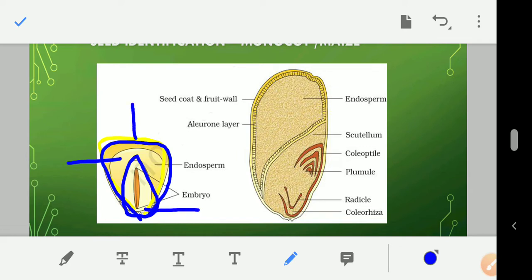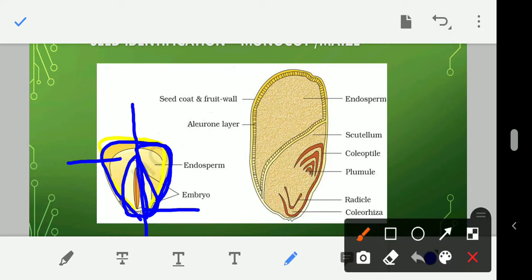When we have a longitudinal section, then we can examine the correct structure of this seed. Now this entire seed is divided into 2 parts.